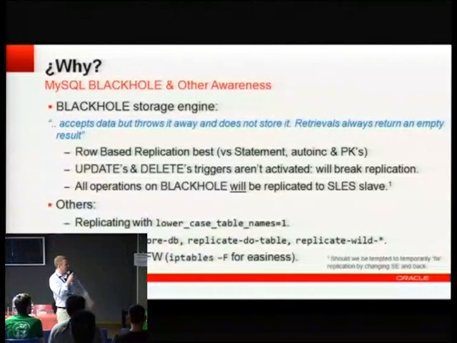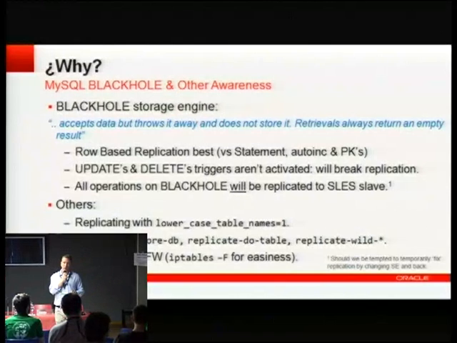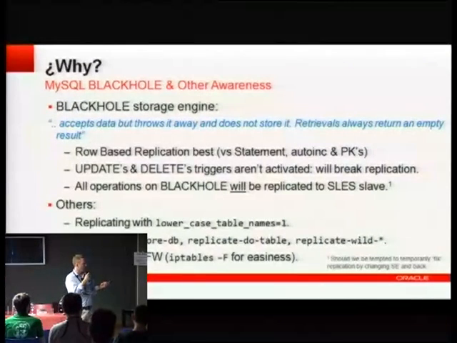On awareness and consideration, the best thing for the replication environment for the Blackhole is using row-based replication. Okay, it's best; it doesn't mean it's the only one. However, if we do use statement-based replication, we have to bear in mind certain things that may not work in that replication environment. Because we're talking about a Blackhole table, the update and delete triggers aren't activated.